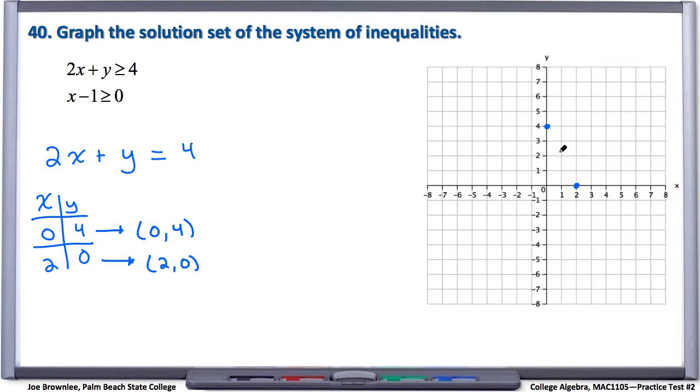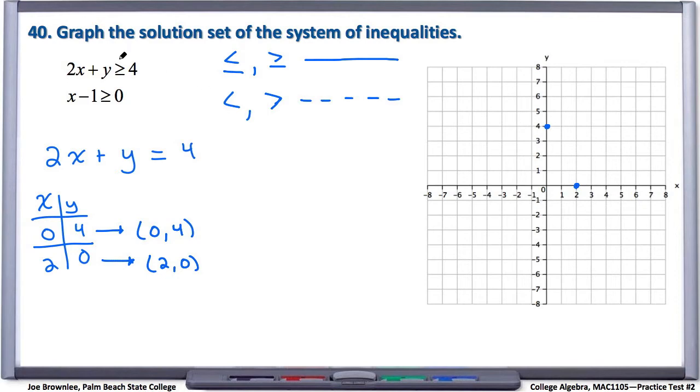So when we connect these 2 dots, we have to make sure that we use the correct line. All right, and recall, when you're graphing inequalities, if you have less than or equal to or greater than or equal to, you're going to graph with a solid line. If you have simply less than or greater than, you will graph with either a dashed or dotted line.